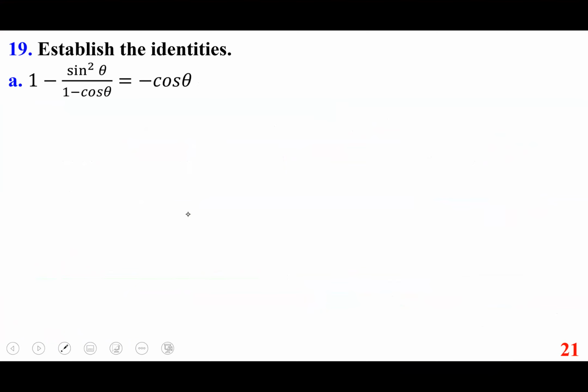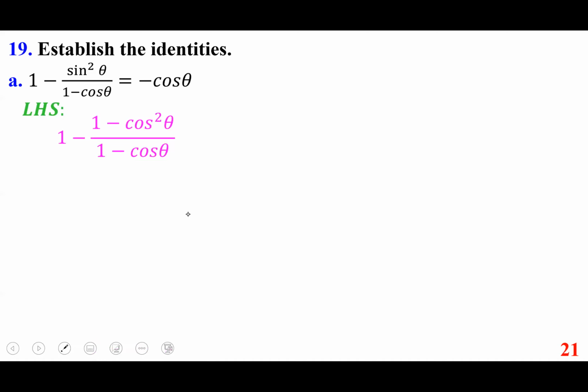We want to establish this identity. Again, the left-hand side is more complicated. We start with that. And we can change the numerator sine squared into 1 minus cosine squared. This is one way to do that.